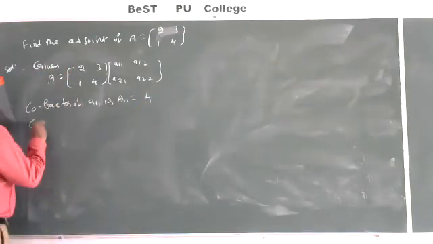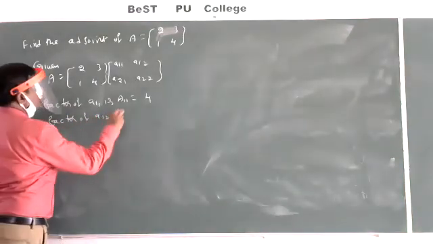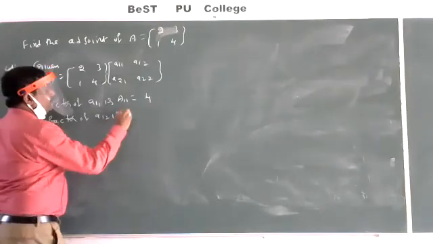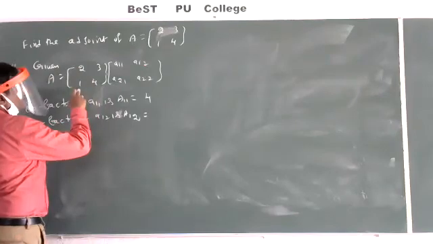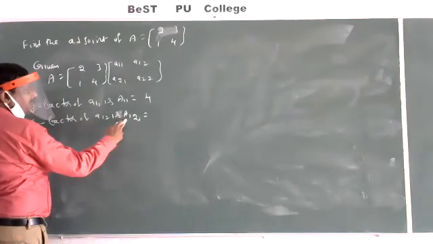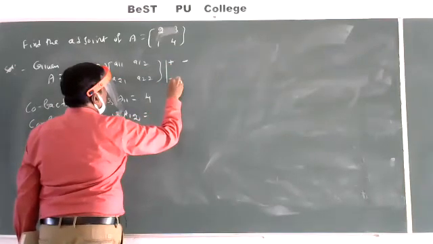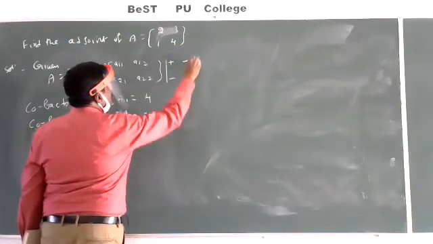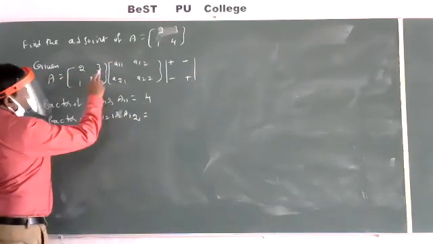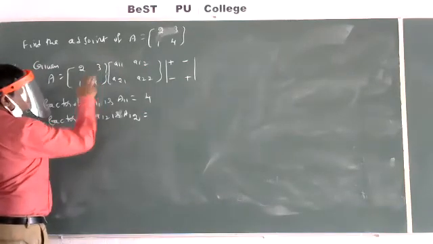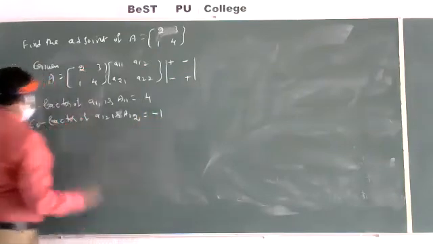Next, cofactor of a12 is capital A12. Leave this row and column. Here 1 plus 2 is 3, an odd number, so you have to consider minus. Where the element is present, leave that row and column, then it is minus 1.